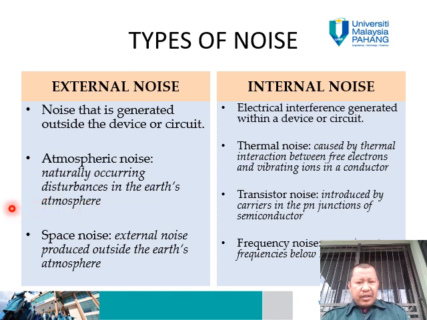So when we transmit the signal, it might come into contact with noise in the atmosphere. So that has become external noise. Space noise is another external noise that is produced outside the Earth atmosphere.